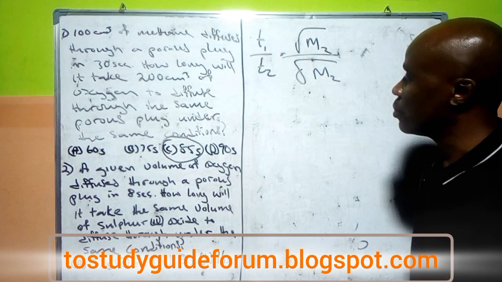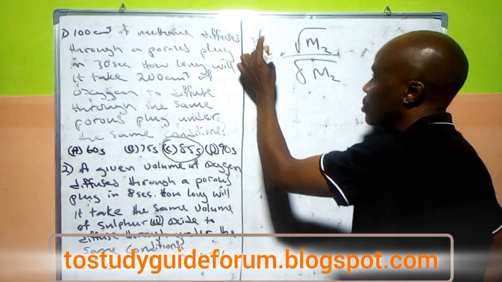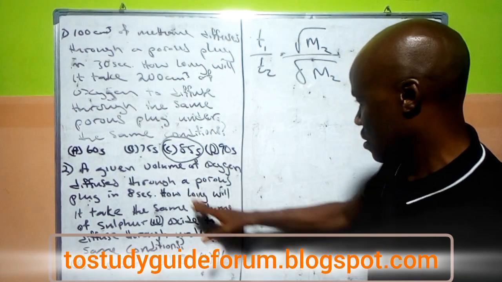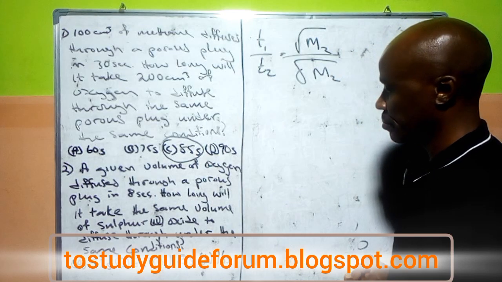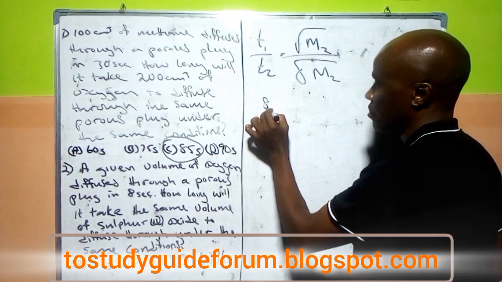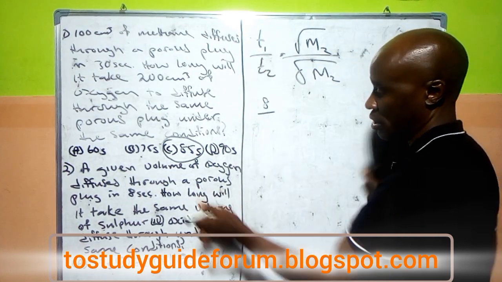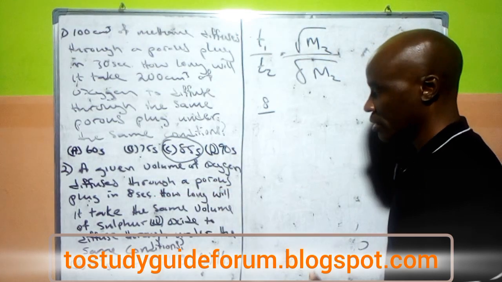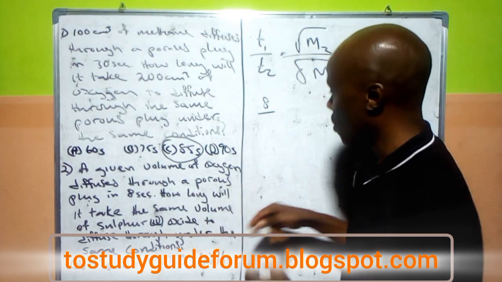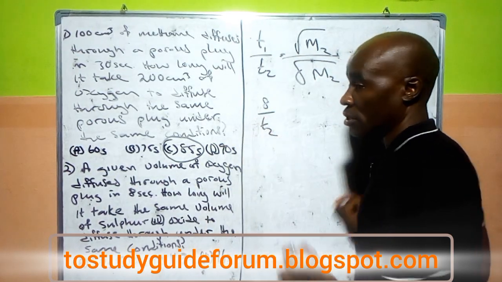So here, what are we doing? T1 is for the oxygen, that is 8 seconds, and the time for sulfur 4 oxide, which we don't know, we call it T2.